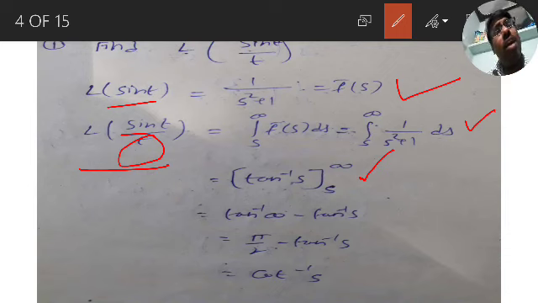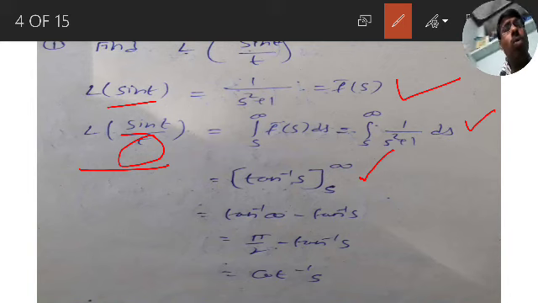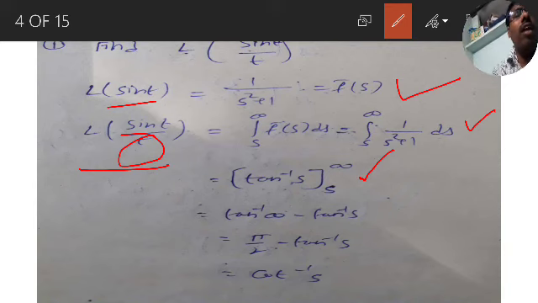But what is tan 90? Tan 90 is infinity, therefore tan inverse infinity is 90, that is pi by 2. You know the radians: pi radians is equal to 180 degrees, pi by 2 radians is equal to 90 degrees. So tan 90 is infinity, that implies tan inverse of infinity is 90. 90 minus tan inverse s.